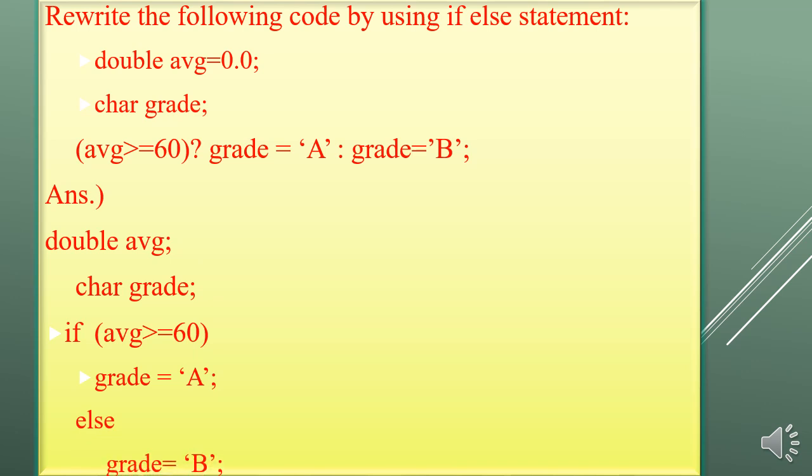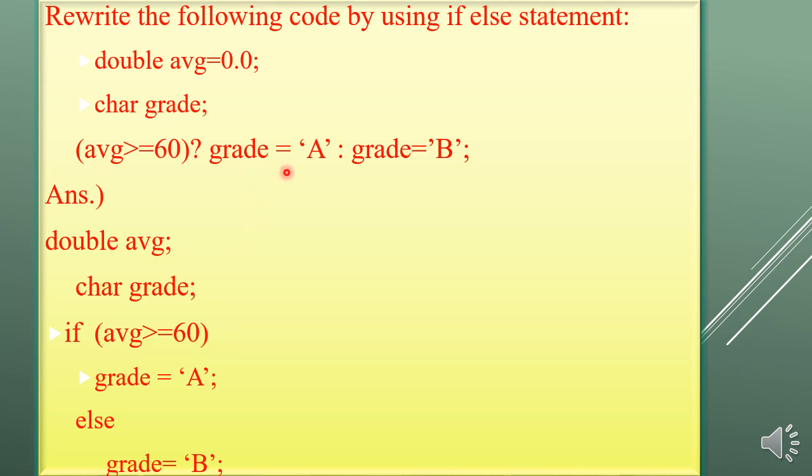Yes, this is how we convert this ternary operator statement by using if-else statement. First what comes? If, then comes condition. What is the condition here? avg greater than or equal to 60. That condition comes here. Then what is expression 1?